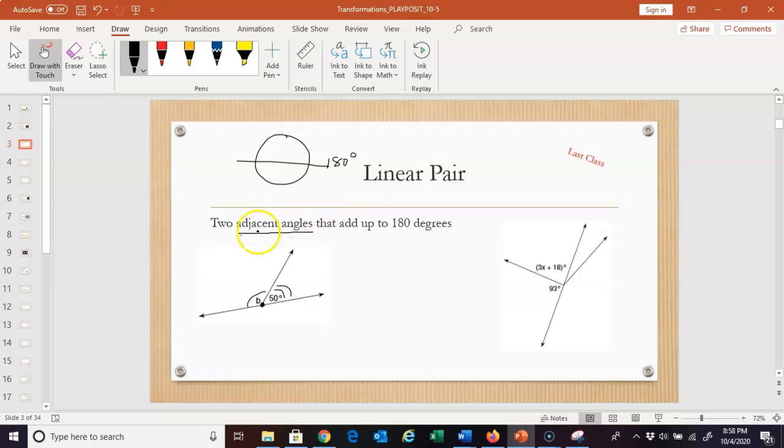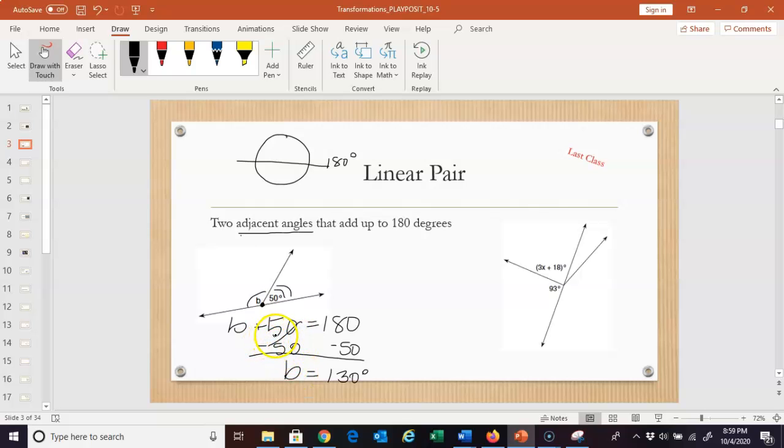So whenever you see a straight line, it adds up to 180. You could set this up as an equation if you wanted to. B plus 50 equals 180. And we'll get B by itself by subtracting 50 from both sides. And we end up with 130 degrees.